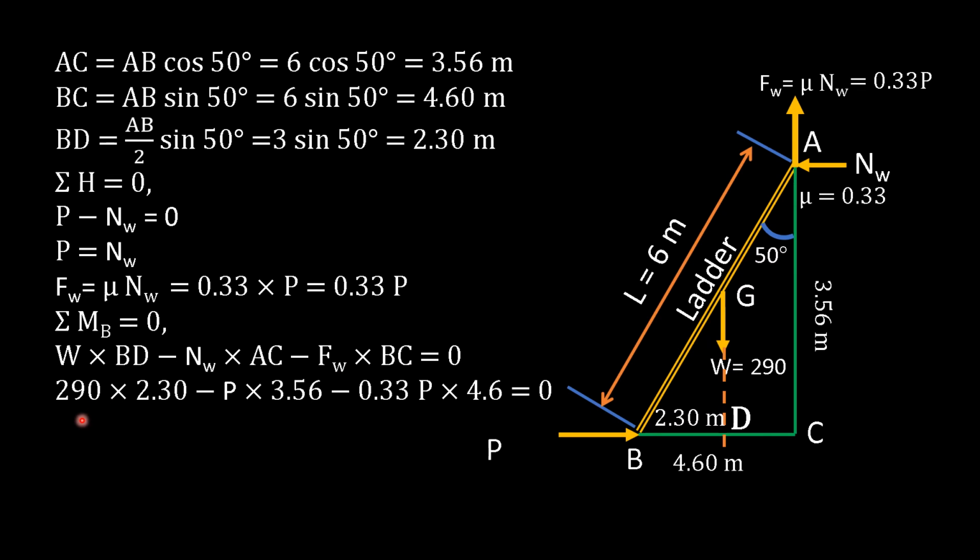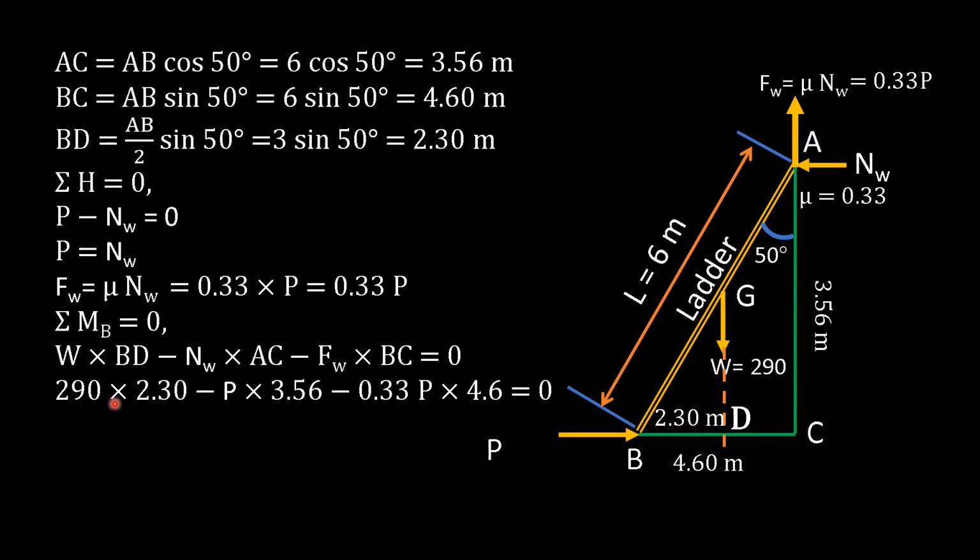We will substitute the values 290 for W, 2.30 for BD, NW equals P, AC is 3.56, FW is 0.33 P, and BC is 4.6, equals 0.